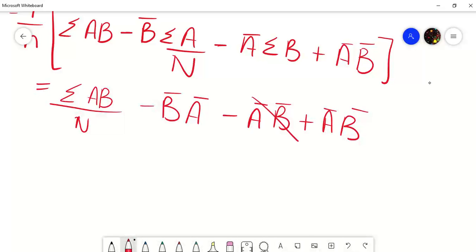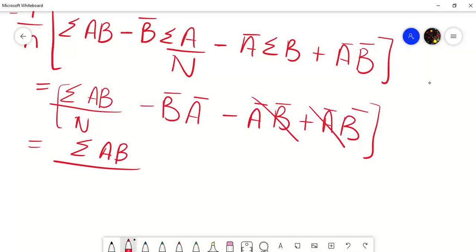So these two terms cancel out. Summation AB by n minus A bar B bar.